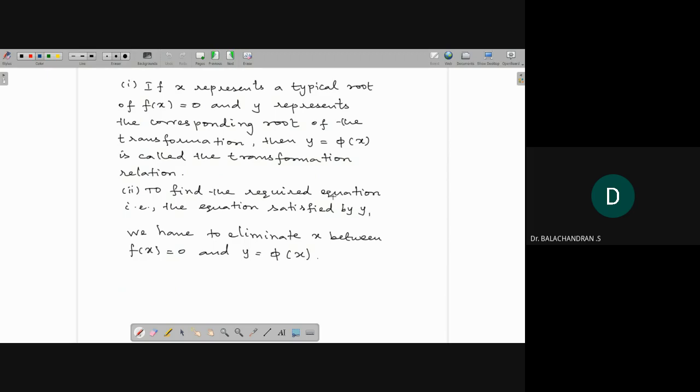To find the required equation, that is the equation satisfied by y, we have to eliminate x between f of x is equal to 0 and y is equal to pi of x. So this is the procedure.